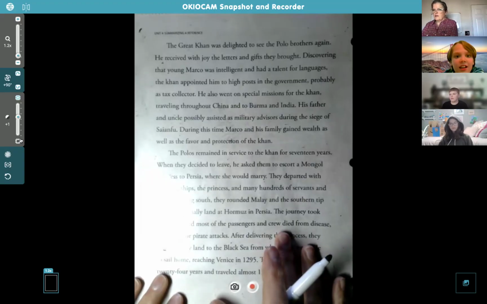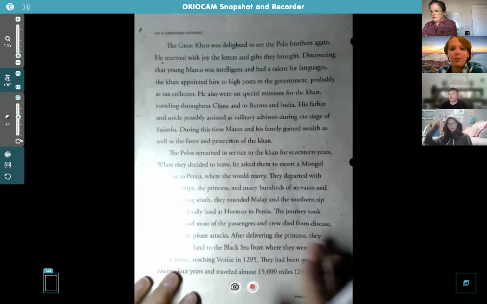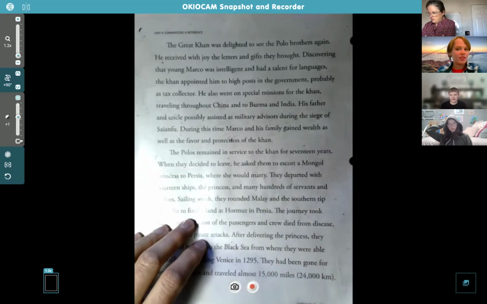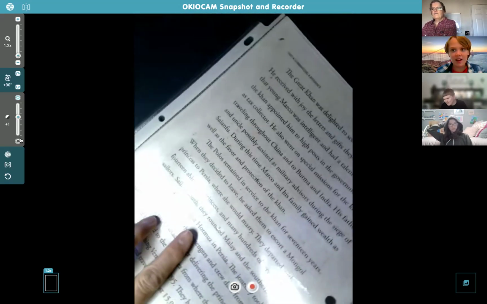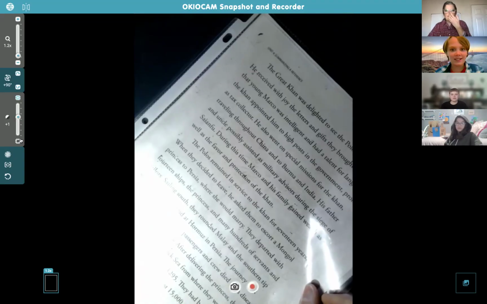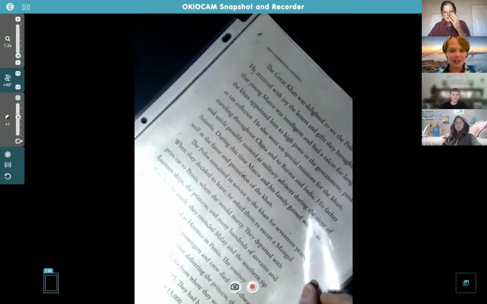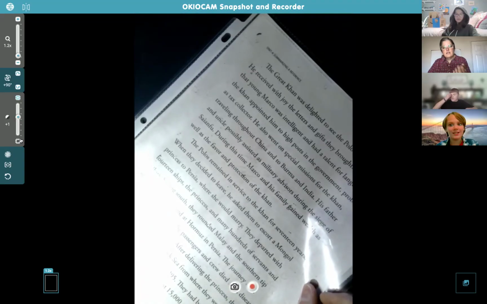Okay, go ahead. Maybe you should name this one "the Khan," because it's almost like we're talking a lot about the Khan. What do you think, Sydney? You got an idea? Like, "got jobs"? Yeah, that's kind of what I was thinking too. I know Khan is a big part of this paragraph, but it's about their jobs.